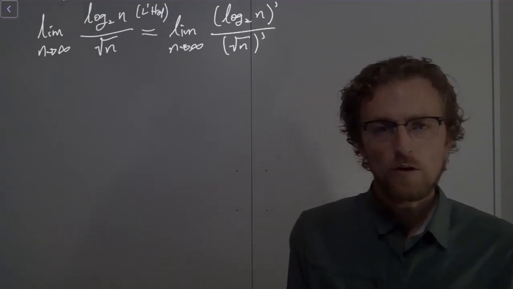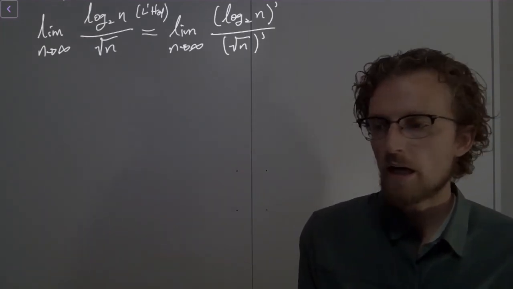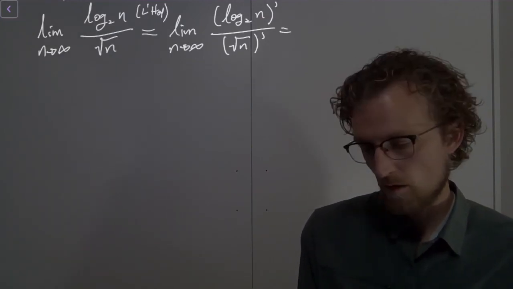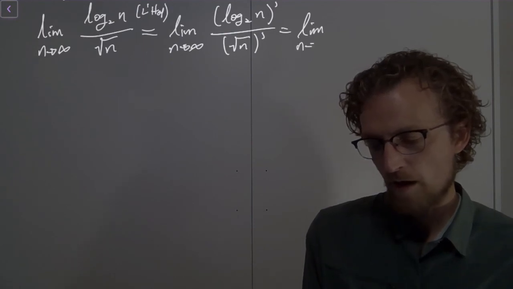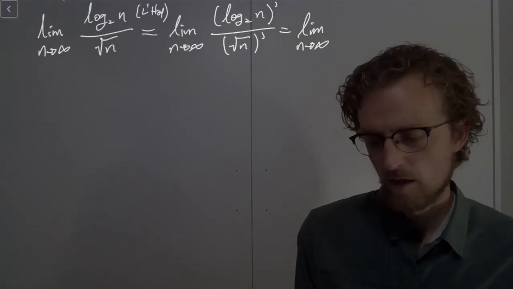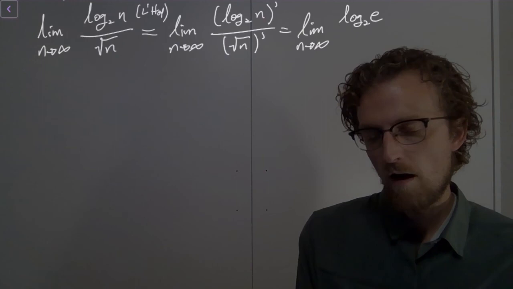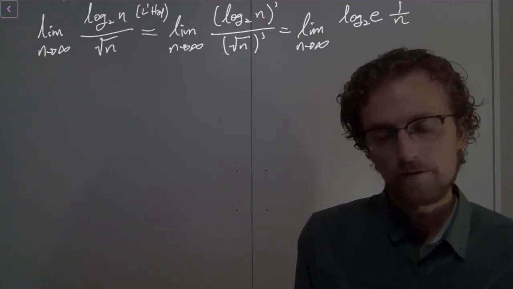Okay, and so you got to go back to your derivatives tables and remind yourself what these things actually are. But these are the functions, and so I will just provide them to you here, but make sure that you have some easy access to these actual functions. So first, this is the log base 2 of e times 1 over n.